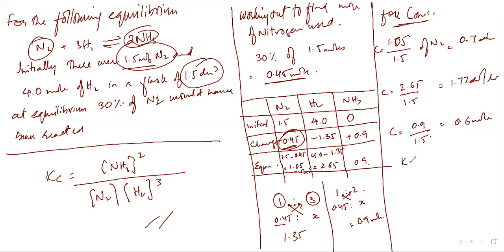So applying this in the main formula, ammonia 0.6 mole per dm cube. So 0.6 squared, 0.7 power 1, and 1.77 power 3.